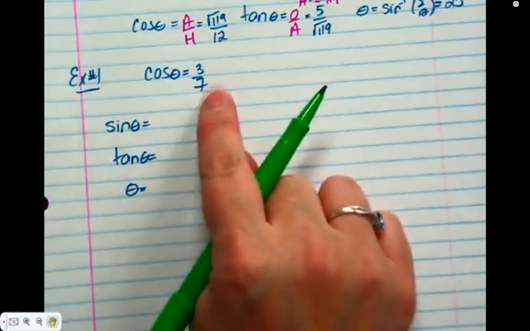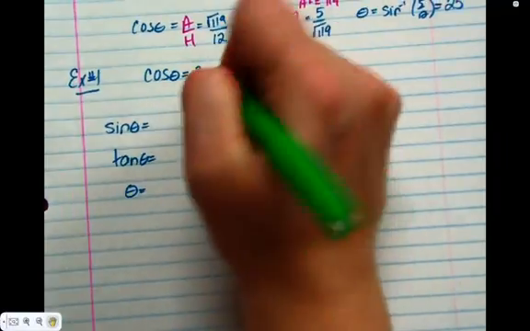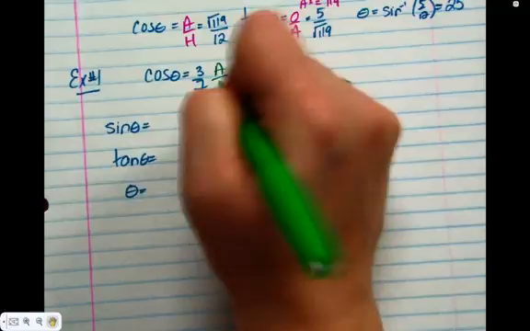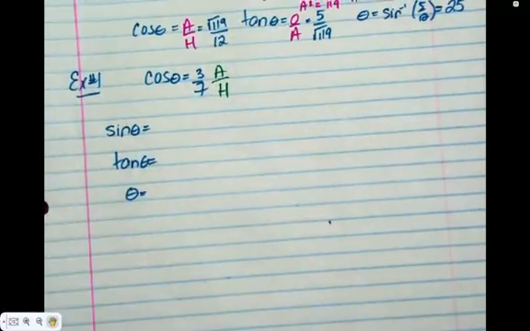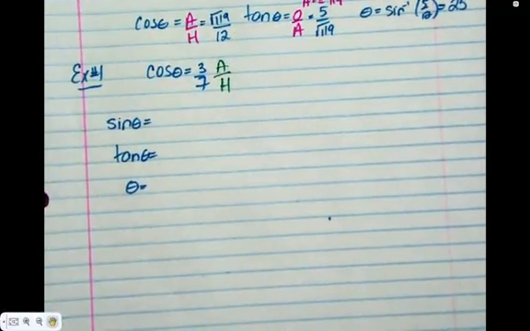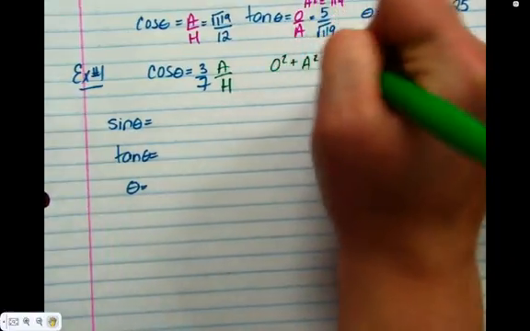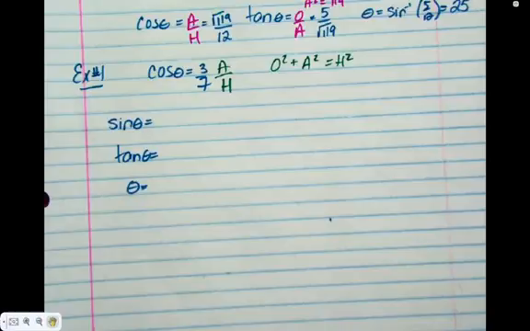What 2 sides did they give us by giving us cos? Adjacent and hypotenuse. Find the third one, because we're always going to need all 3 sides. So I know that O squared plus A squared is H squared. Or X and Y, or A, B, and C.